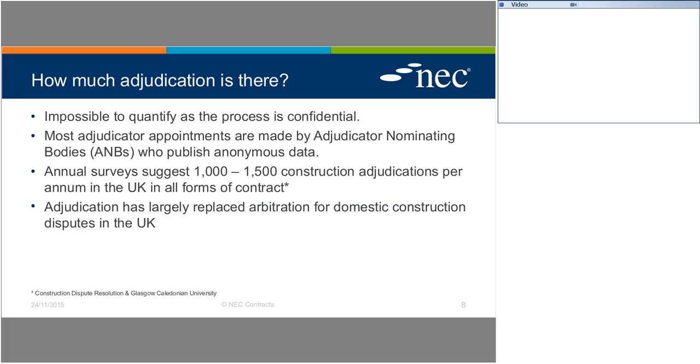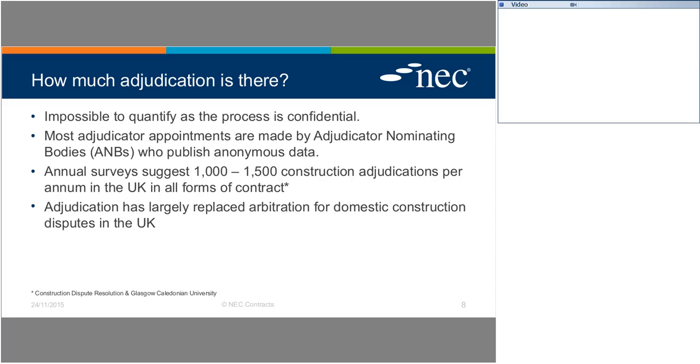So I was asked, how much adjudication is there? Well, it is very difficult to quantify it accurately. The process is confidential. There are, I think, 12, 13, 14 adjudicator nominating bodies in the UK, of which the ICE is one. They usually publish anonymous data, and when I say anonymous, they don't tell you who the parties have been, but they will usually say we have had X adjudications referred to us this year.